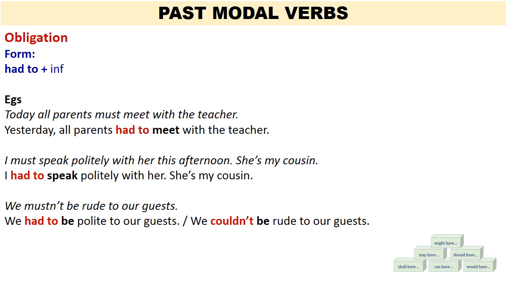She's my cousin. Another example, in the present we say, we mustn't be rude to our guests. And in the past form, we will say, we had to be polite to our guests. Or we could say, we couldn't be rude to our guests.